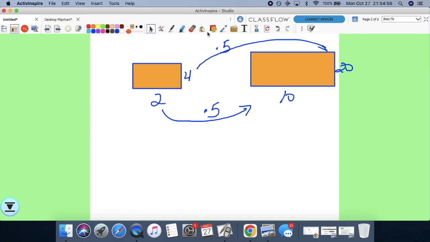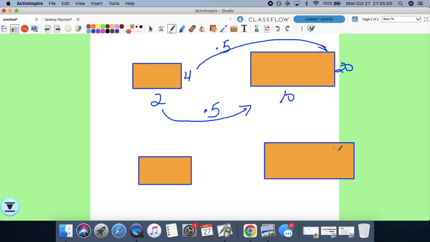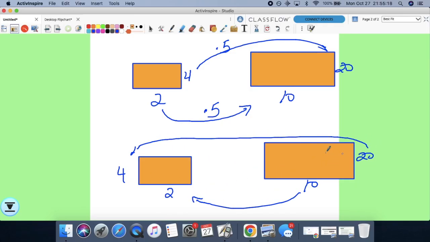Now, what if I took that same small rectangle and instead I started this way? I had a rectangle where this was 20 and this was 10, and I scaled it down. Well, how did the 10 become 2 and how did the 20 become 4? I know, you're going to say divide by 5, which is correct.